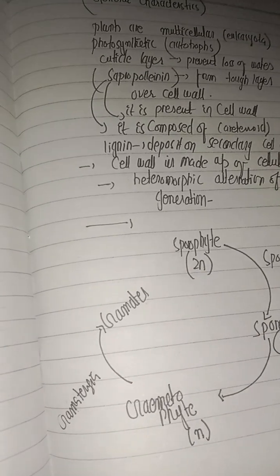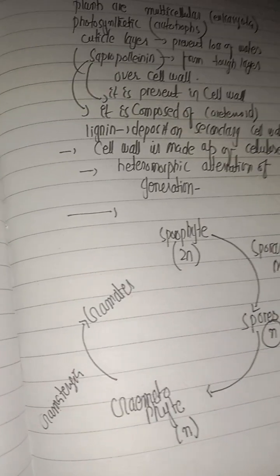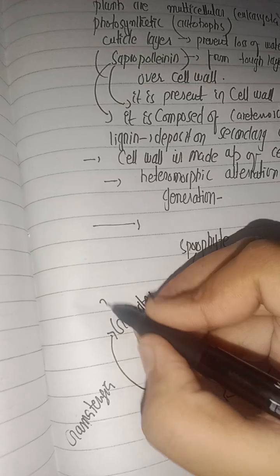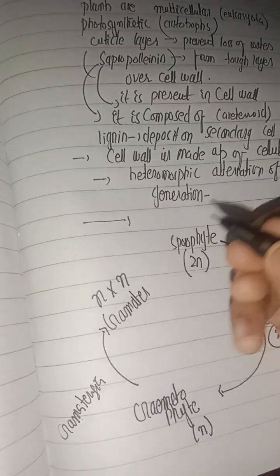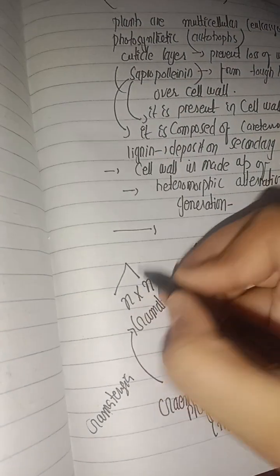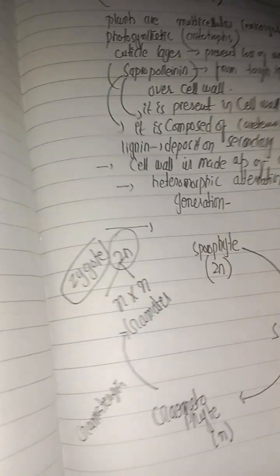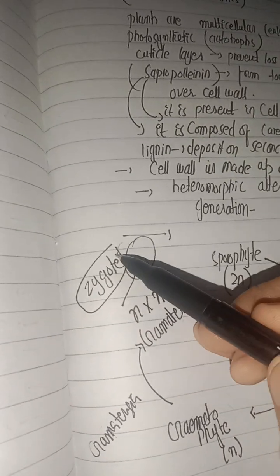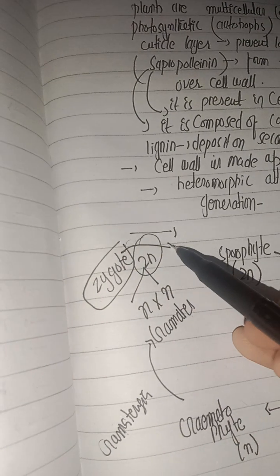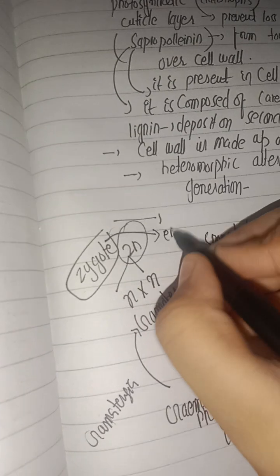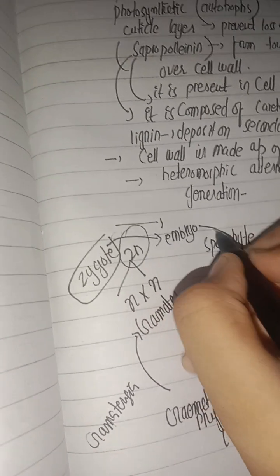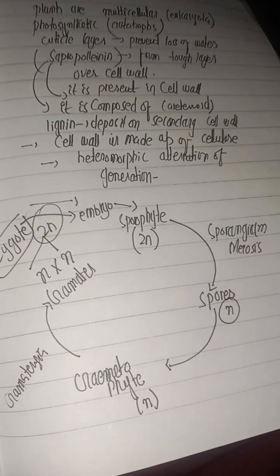The gametes, n number, will make the zygote, 2n. The zygote will make the embryo, and the embryo will make the sporophyte body.